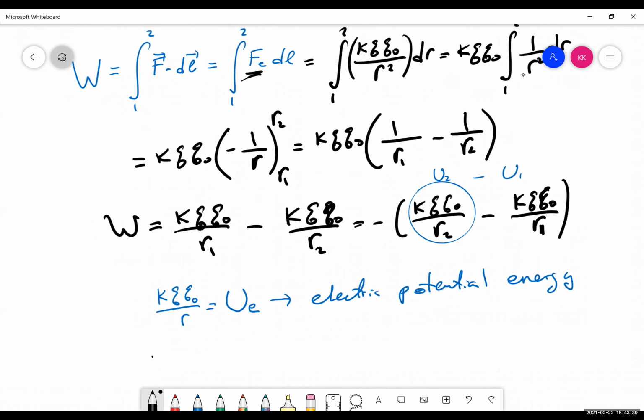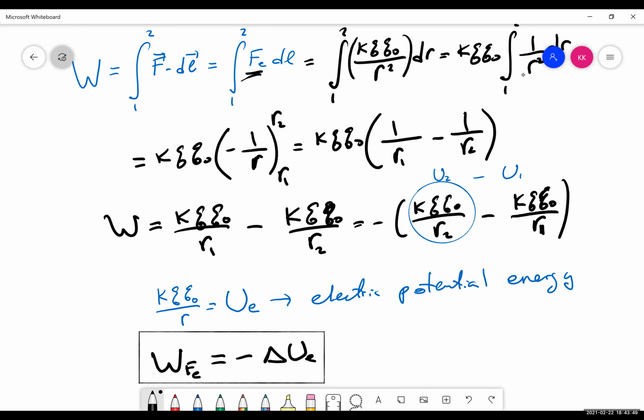That means the work done by the electric force is equal to the negative of the change in electric potential energy. So we have a new type of potential energy, which is electric potential energy. Remember, potential energy is stored energy that can be used by other forces to convert from potential to kinetic, and that's what the electric force does.